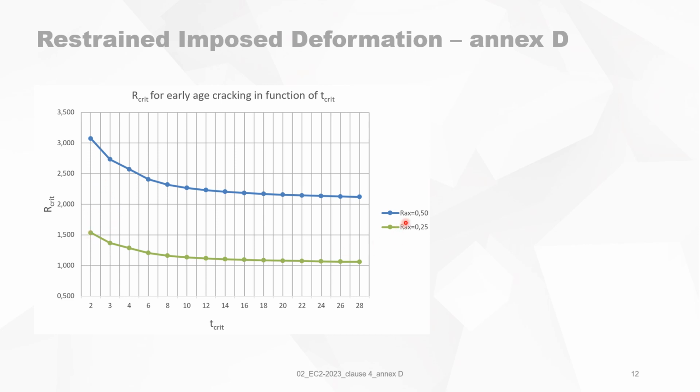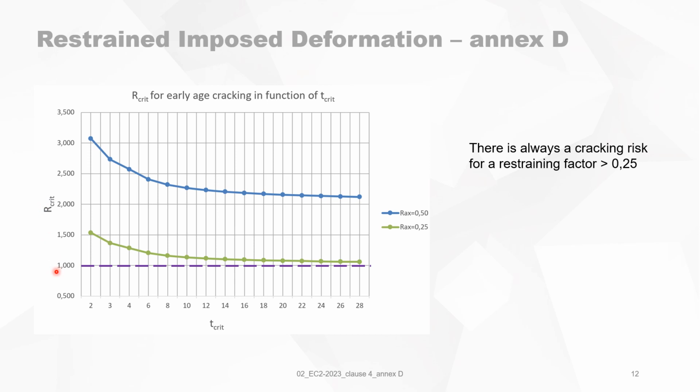We start, for instance, with the curve when the restraint factor is 0.25. And we see in this case that the cracking risk for this restraint factor is always bigger than 1.